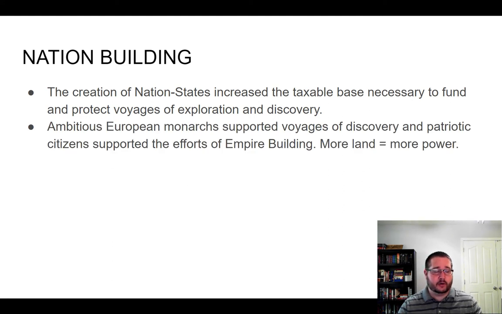So ambitious monarchs like Ferdinand and Isabella, but also King George in later years, and King Louis XIII and 14th. These kings and queens, and later on sometimes queens, are developing or are sending people on these voyages to expand their empire, and it really gets kicked off by Columbus.